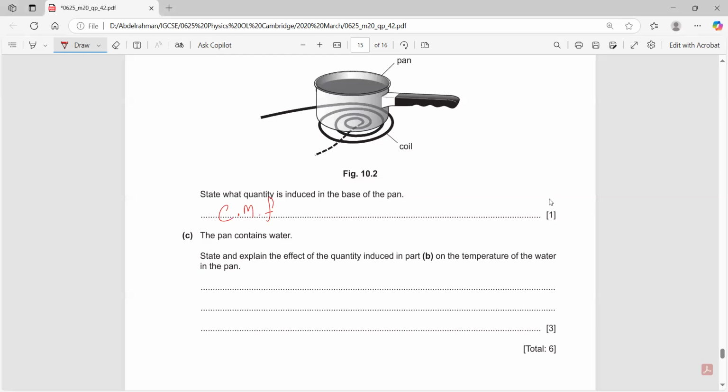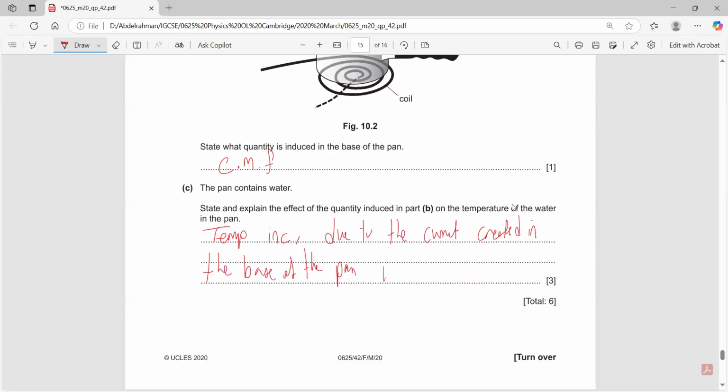What happens to the temperature? Temperature increases. Why does it increase? Due to the current passed, or created in the base of the pan, which increases the heat energy and kinetic energy.